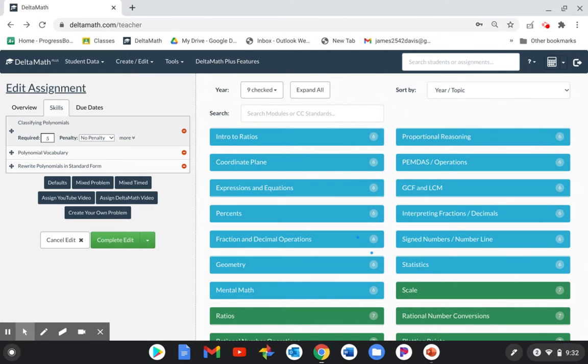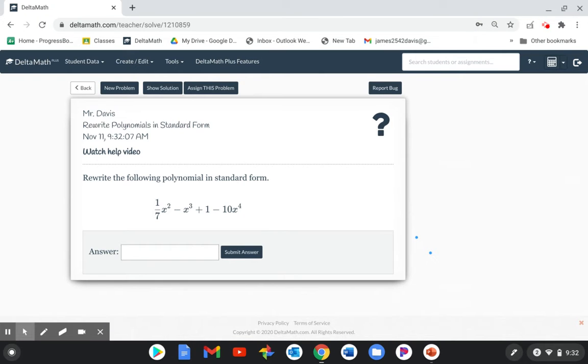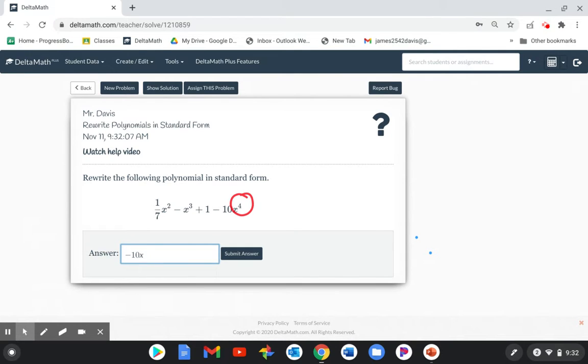And while we're at it, let's actually do this standard form one real quick. So we already talked about that. You're supposed to rewrite this polynomial in standard form. All you need to do is rearrange it. So just identify the highest power, which in this case is a 4th power. Put that one first. This should be a piece of cake for you guys. So make sure you include the sign. The negative 10 goes with it, x to the 4th.